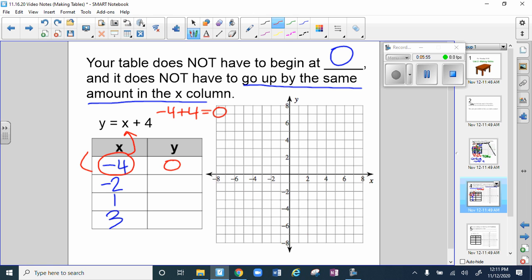So my first solution that I'm putting in my table is -4, 0, which would be right there on my graph. Then I have -2. So -2 plus 4 gives me a 2. So my next solution in my table and my next point that I'm going to put on the graph is -2, 2.